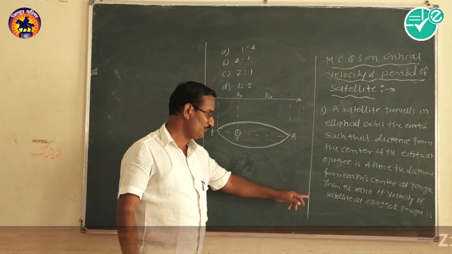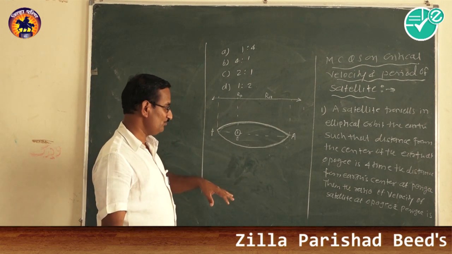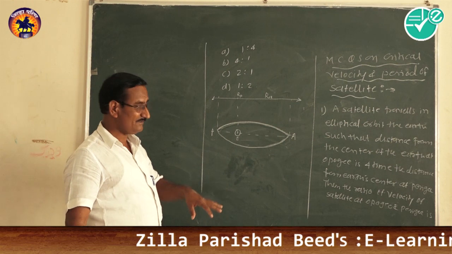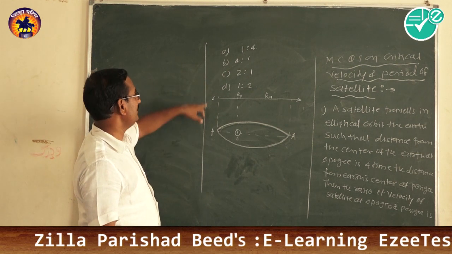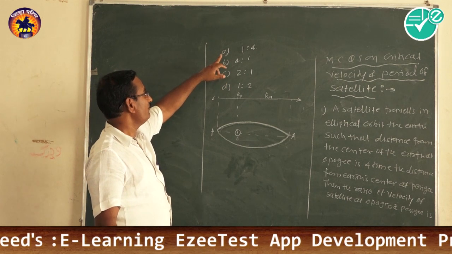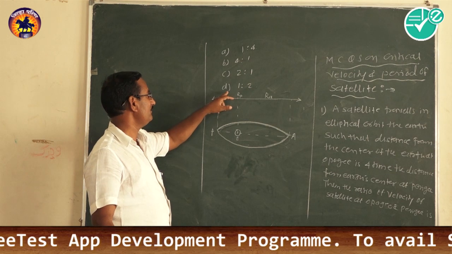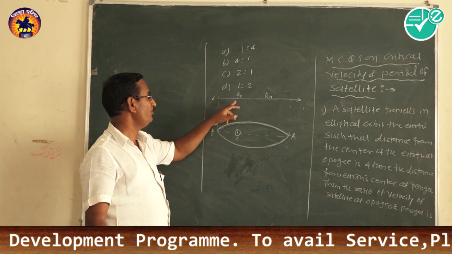The alternatives of this MCQ are 4:1, 1:2, 4:1, then 2:1, that is 1:2.